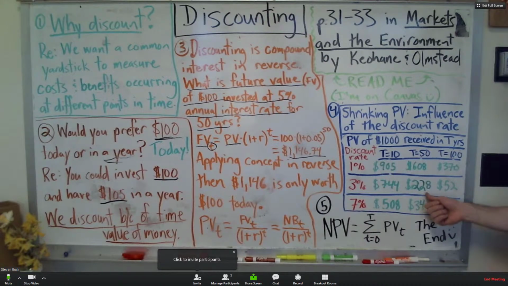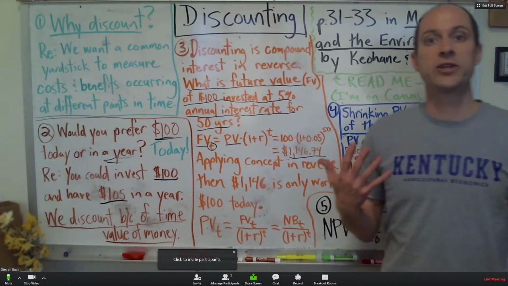$1,000 received 50 years from now at a 3% discount rate is only going to be $228 in present value terms. $1,000 received 100 years from now is only going to be worth $52 if we apply the 3% discount rate.